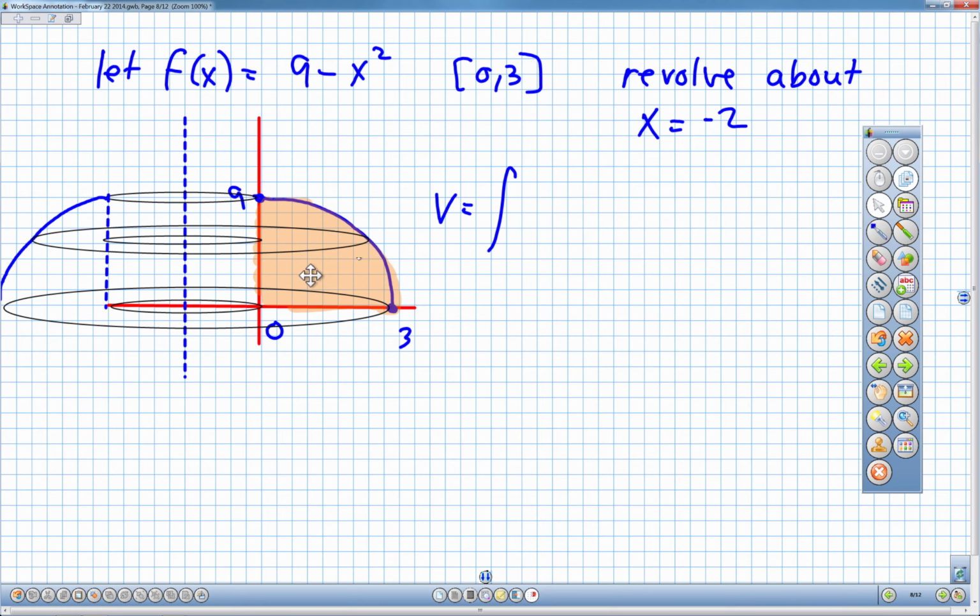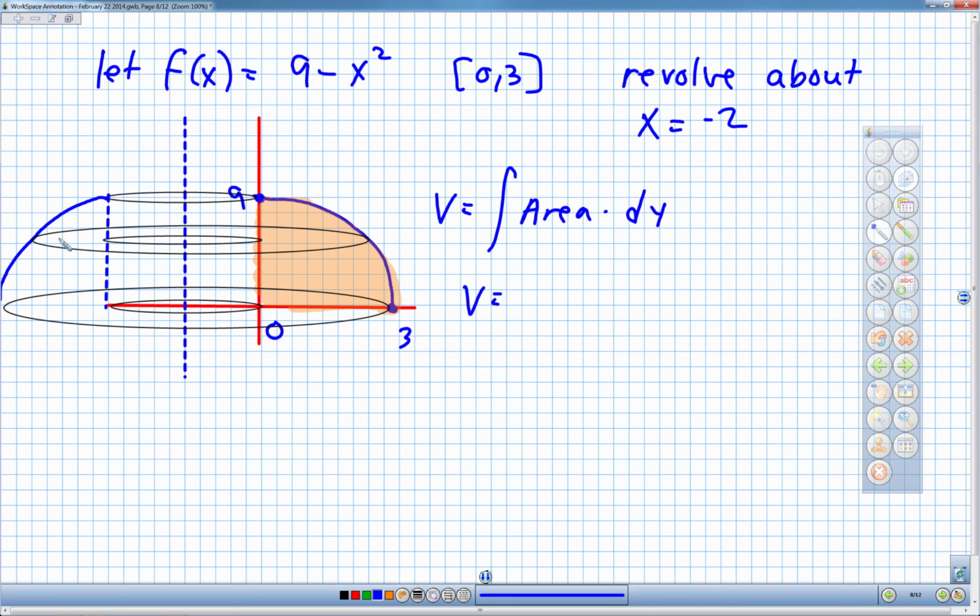So the idea still is, can we take the area of a cross section and multiply by its thickness, which in this case is going to be dy, and then add up all of those volumes to get the total volume of this solid of revolution. This time we're dealing with functions of y as opposed to x.